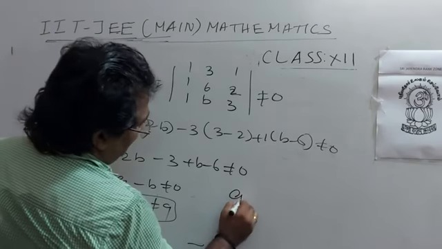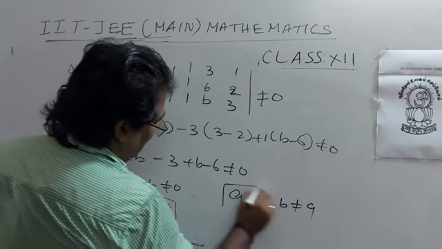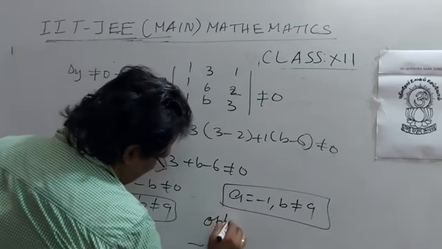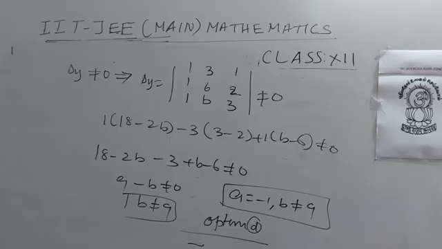So a equal to minus 1, b not equal to 9. So option D is correct.